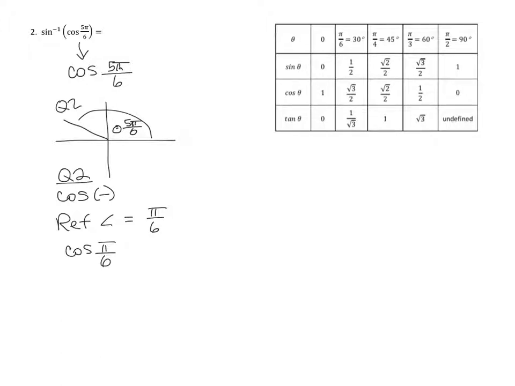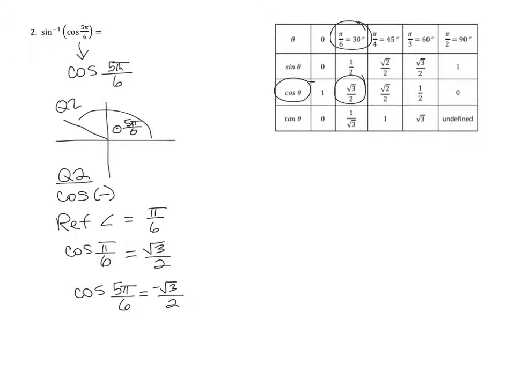Let's check our chart to the side. Pi over 6 is right here, and we're looking for the cosine. So we get square root of 3 over 2. That's cosine of pi over 6. But remember, we're in quadrant 2. Therefore, our cosine of 5 pi over 6 should be negative square root of 3 over 2. Okay, that's our first part.